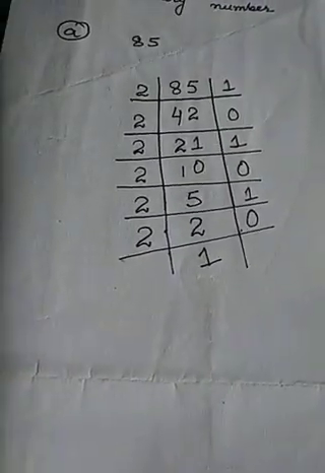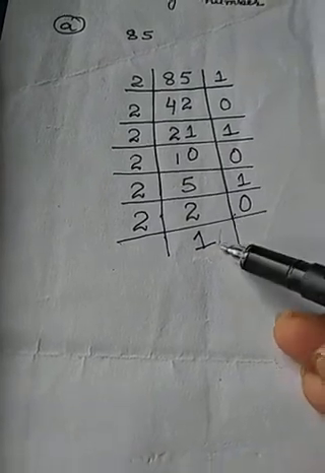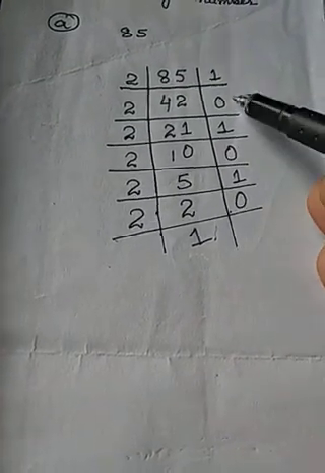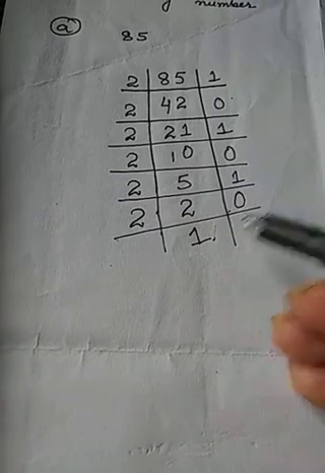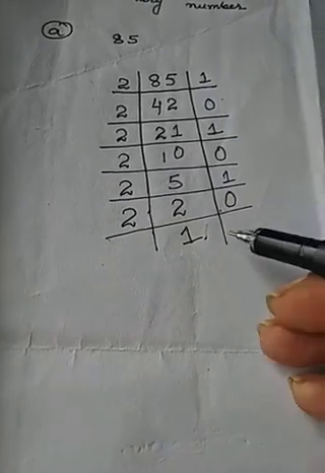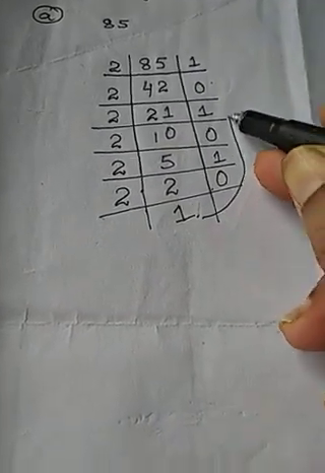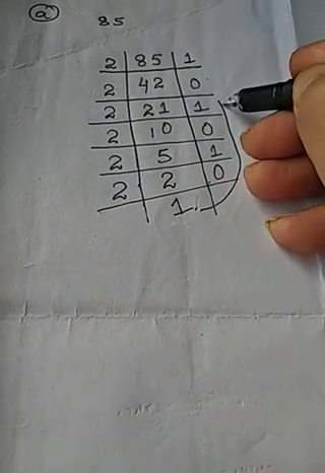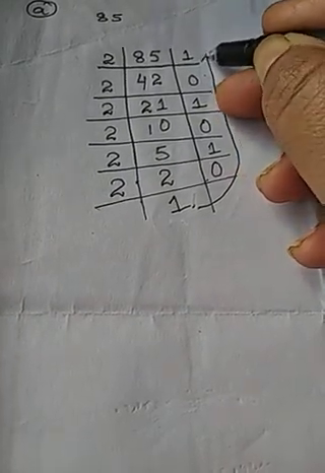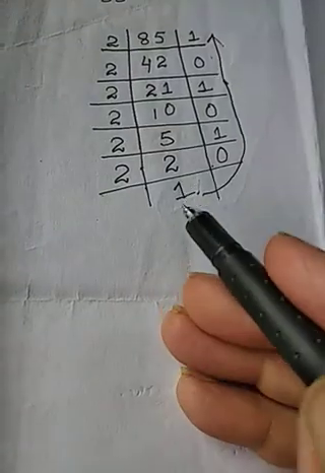And then how will we write it? We'll write it from the bottom up side. From the bottom we'll start and we'll move towards the up side. So what is the first one?